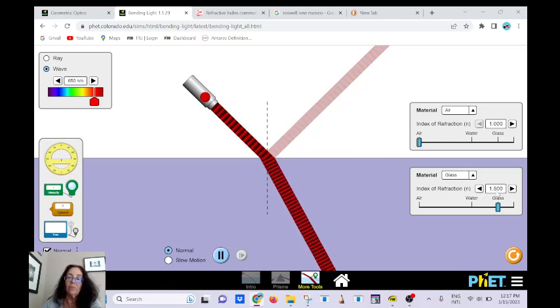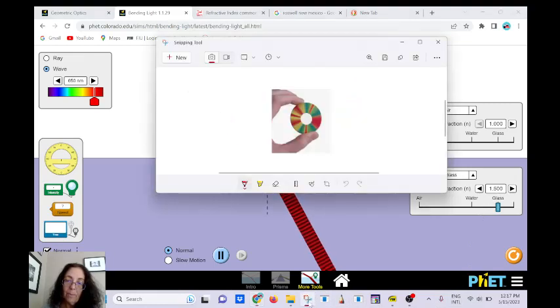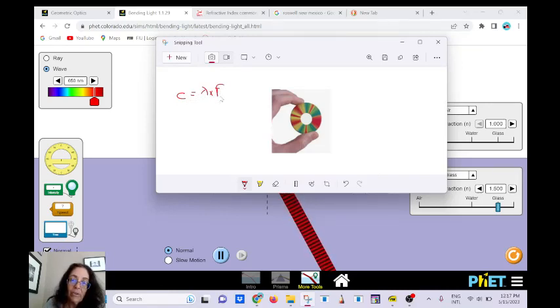Okay, I was not sure I made this clear, but the speed of light is the wavelength times the frequency. The frequency does not change. You see it's red before and it's red inside. So if the speed of light is divided by a factor of 1.5, then the wavelength is also divided by a factor of 1.5.